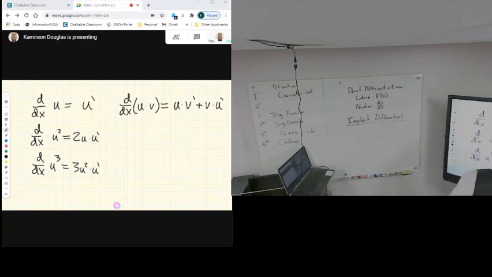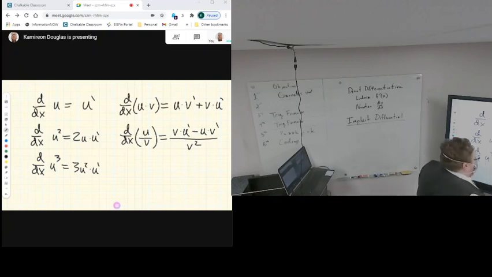Quotient rule, same way. Chain rule, same way.